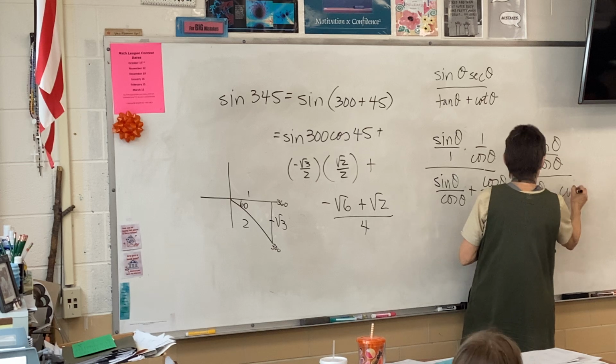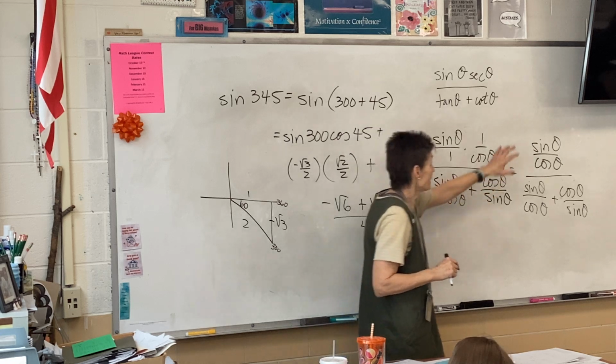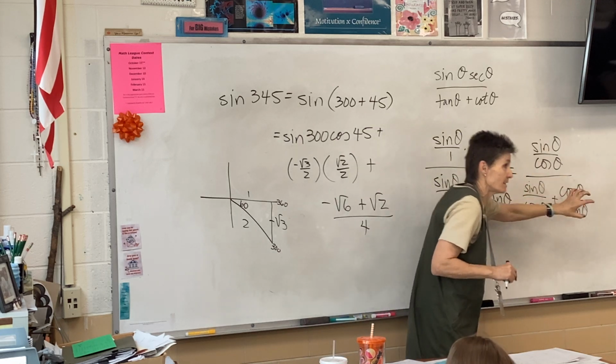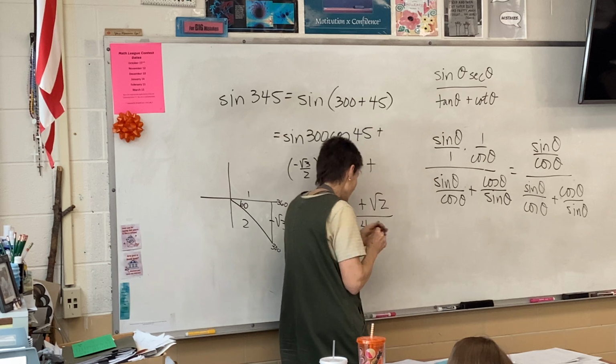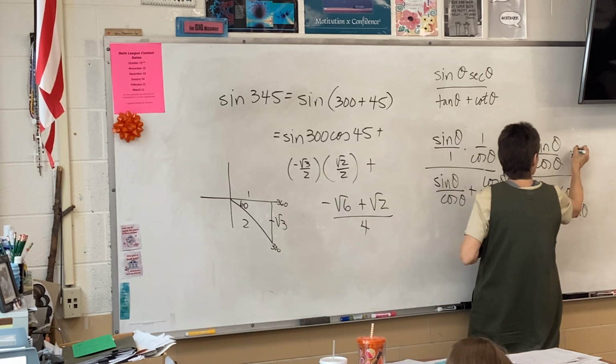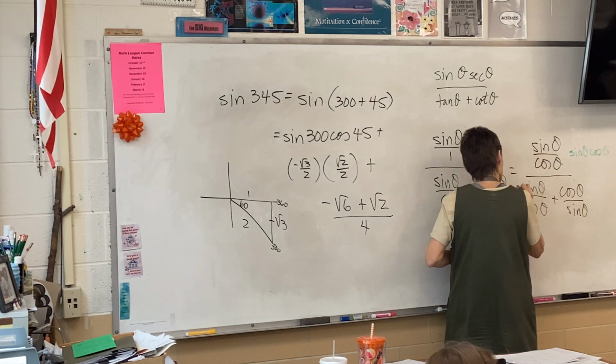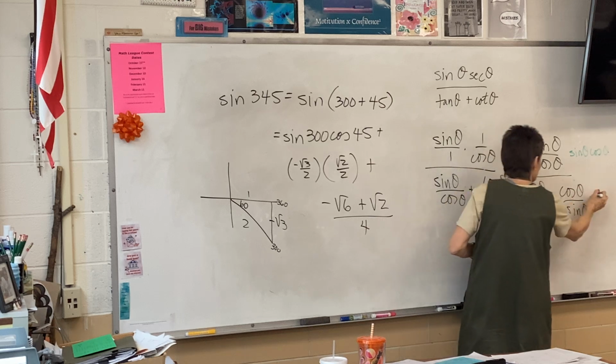This mess. One option you have, and I think it's a good option, is multiply all three things by the common denominator, which this time is sine cosine. So I'm multiplying sine cosine, sine cosine, sine cosine.